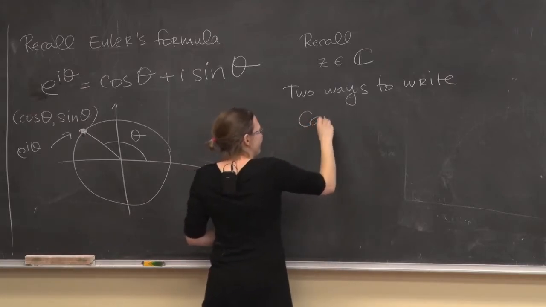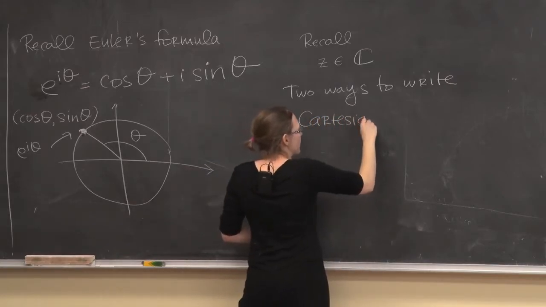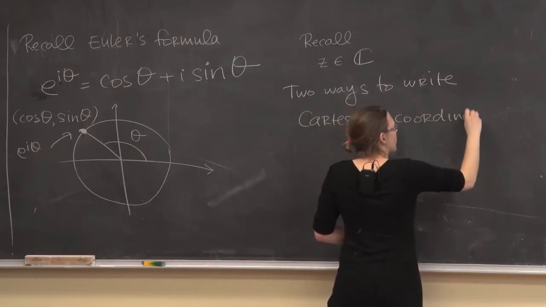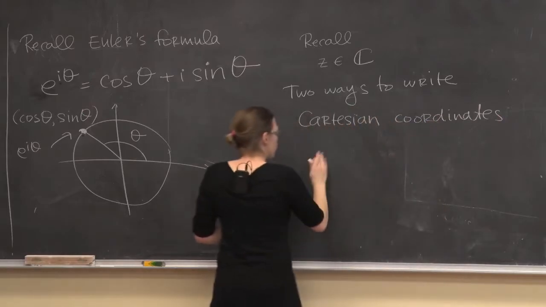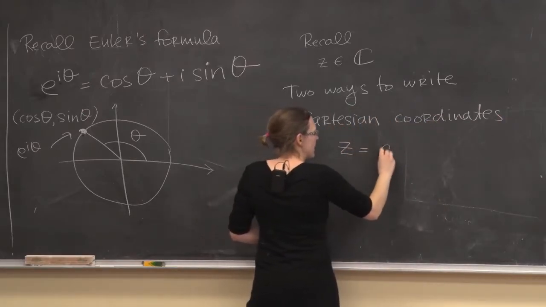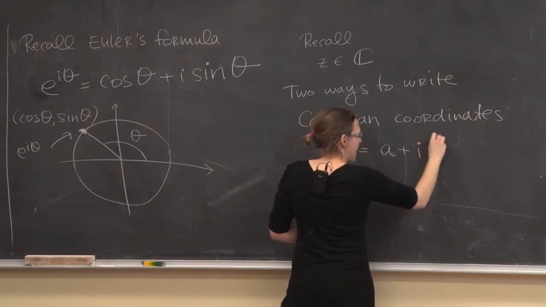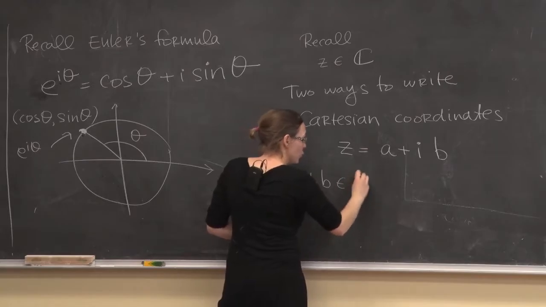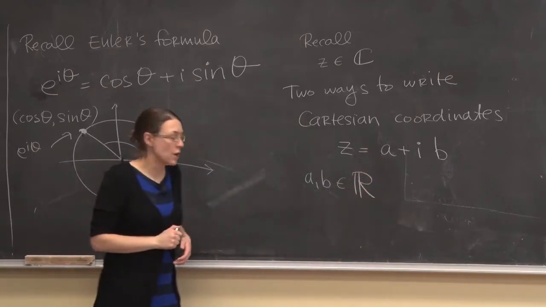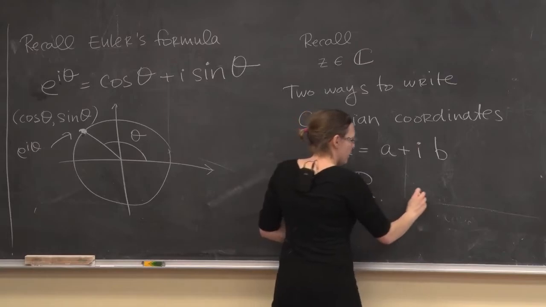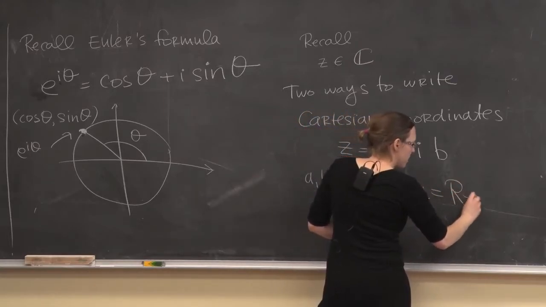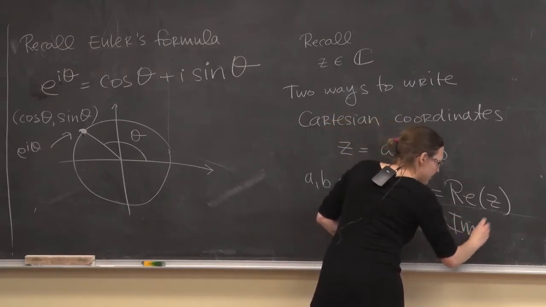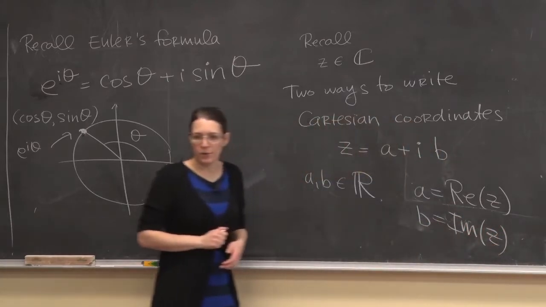There's the Cartesian way, with Cartesian coordinates, which is maybe what you're most used to. You might write it as z is a plus i times b. a and b are going to be two real numbers. And in that case, we'll say that a is the real part of the number z, and b is the imaginary part of the number z.